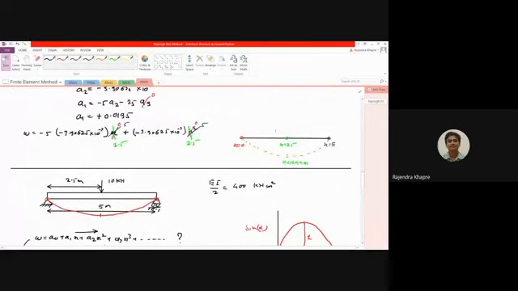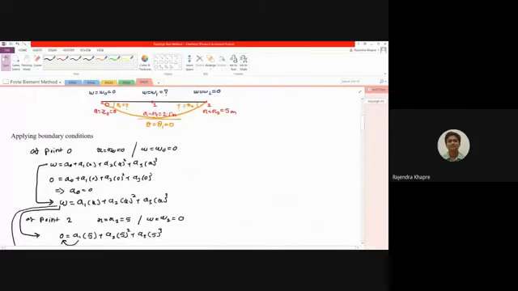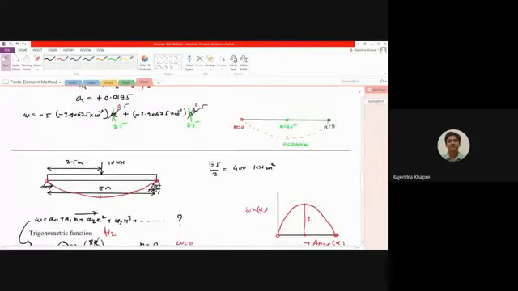So just now we have seen 2 approaches to solve the problem. Earlier we solved this problem using a displacement polynomial, that is A0 plus A1x plus A2x square plus A3x cube. With this polynomial, the maximum deformation was coming at the center, and its numerical value was something like 24 millimeters.